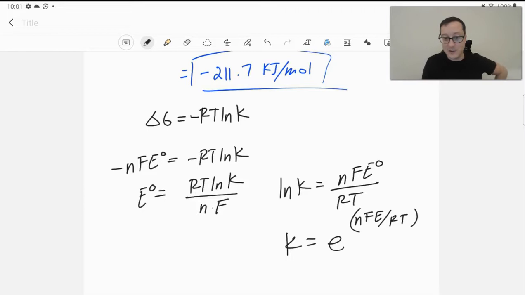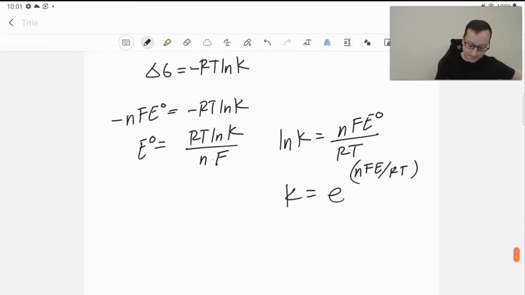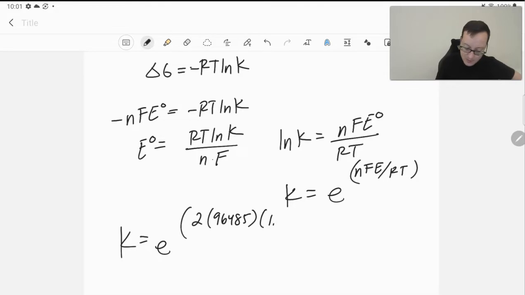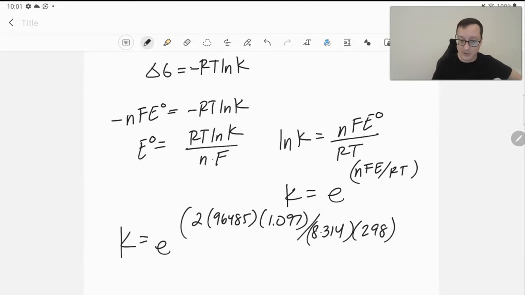Let's calculate the equilibrium constant for this reaction here. K for the same reaction is e to the 2 moles of electrons times 96,485, that's Faraday's constant, times our cell potential 1.097, divided by R, our gas constant 8.314, times our temperature, which is 298, since we haven't looked at other temperatures yet.